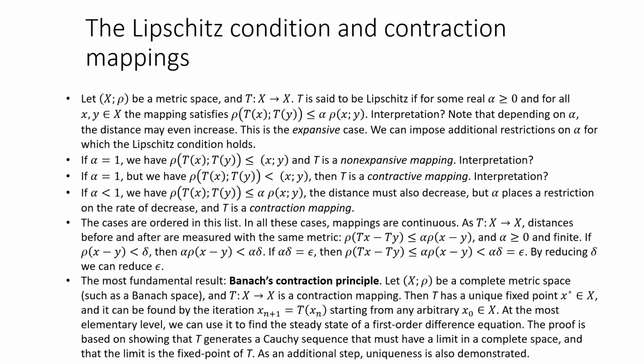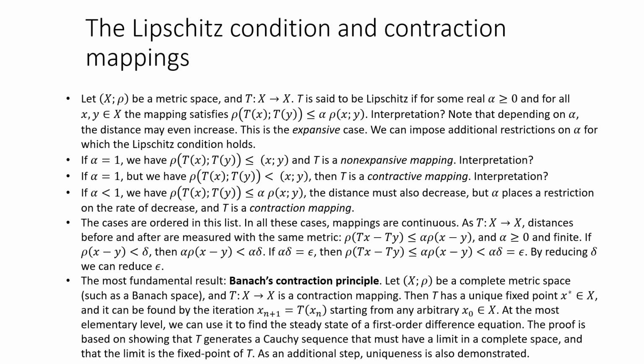This is good because we actually have the hope of finding a fixed point if there is any. But we can still add further restrictions. If alpha is strictly less than 1, then we can restrict the rate.